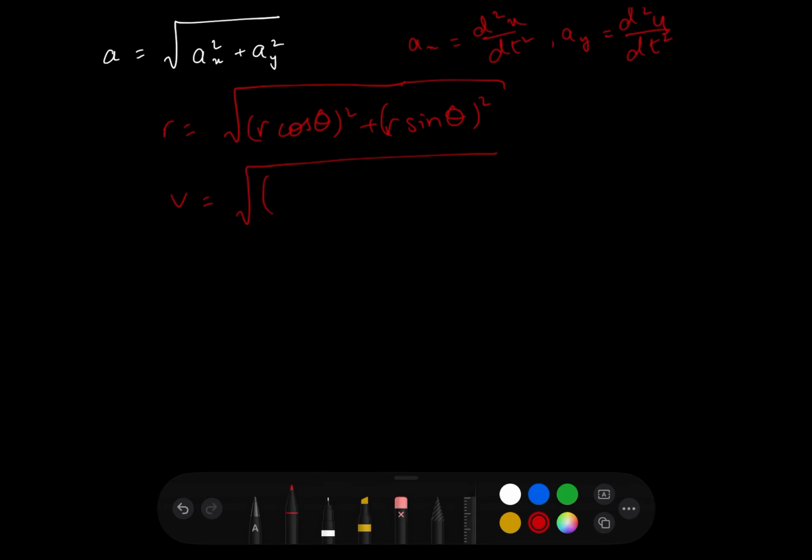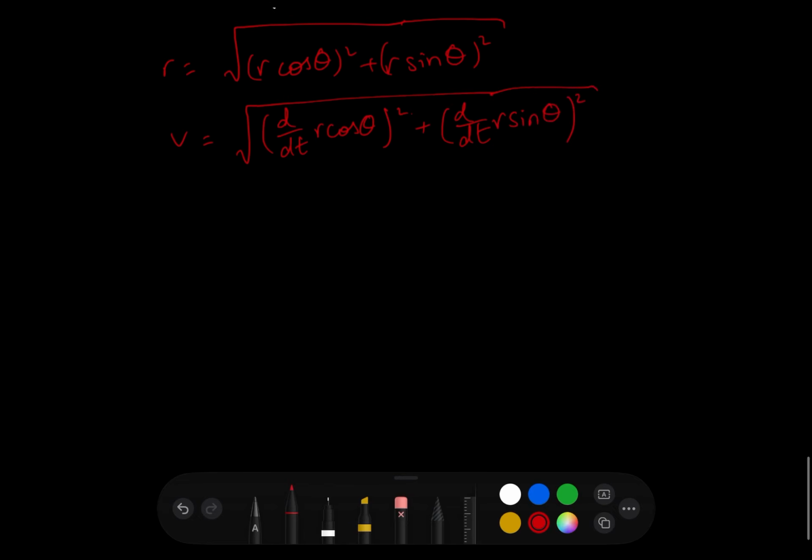And so we can write this as the root of d by dt of r cosine theta the whole square plus d by dt of r sine theta the whole square.